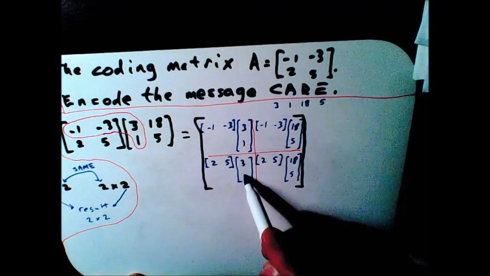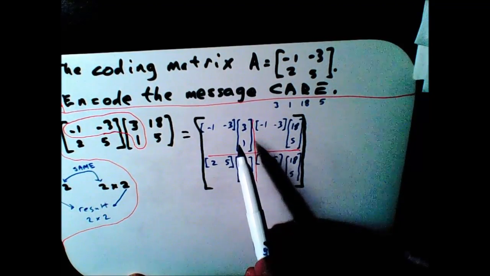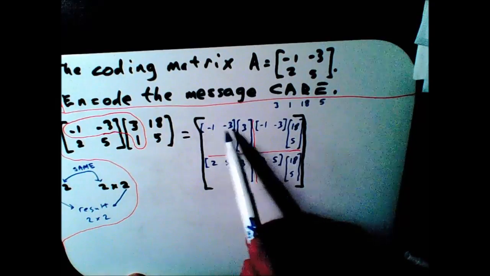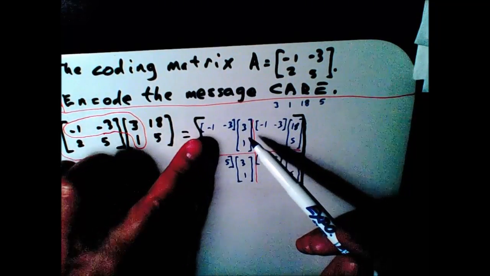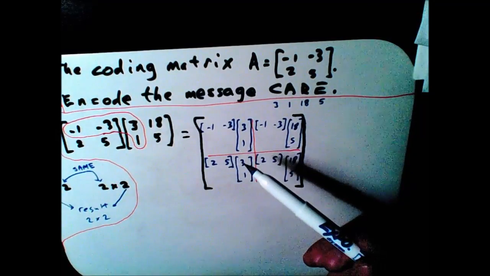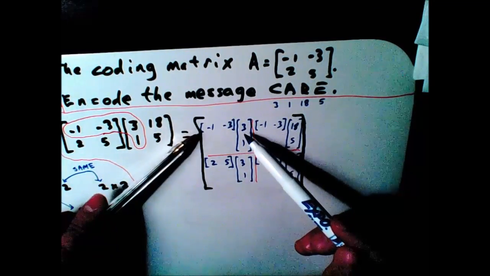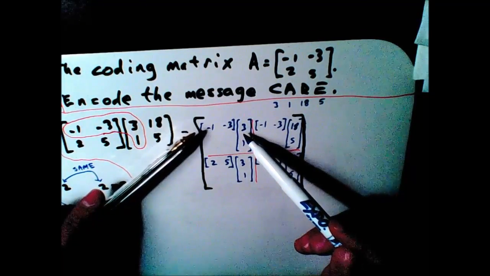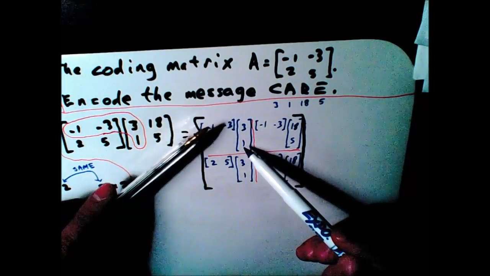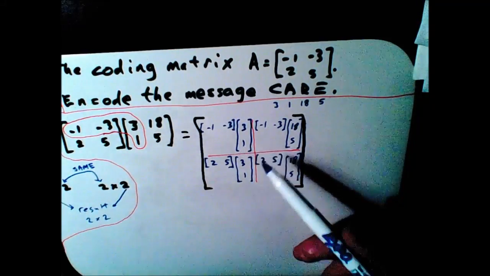Well, every time that we multiply a row matrix and a column matrix, it's always the first entry in each. So the first entry in each get multiplied together, and the second entry in each get multiplied together, and then we add the results.